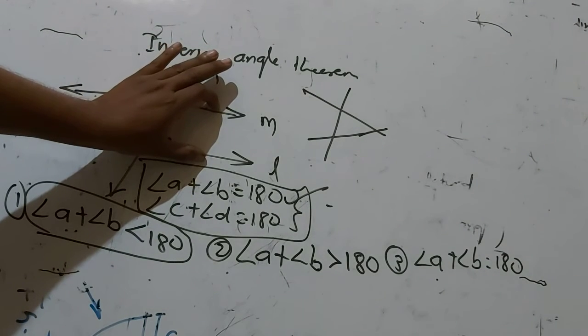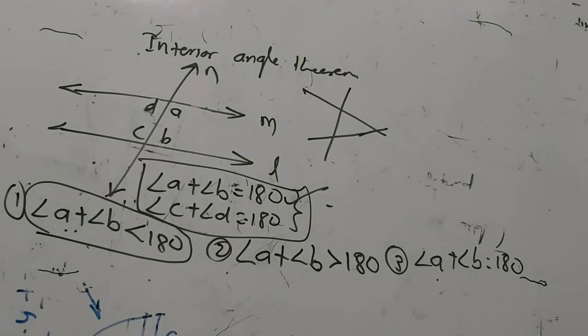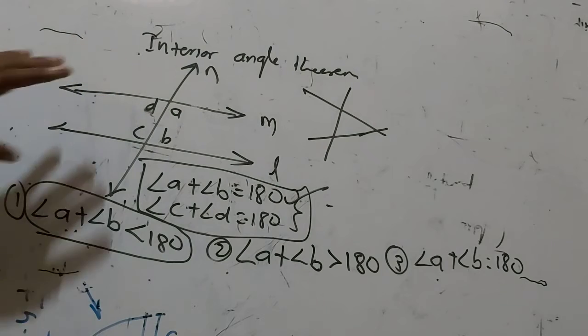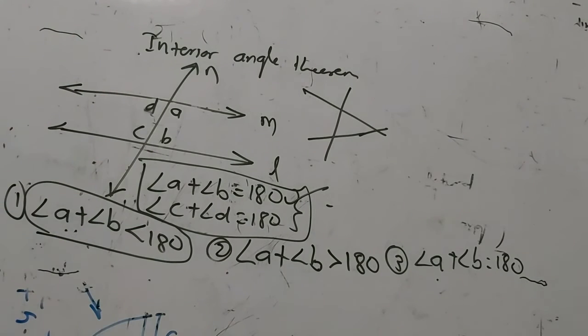But what is given in the question? That these two lines are parallel. So it is contradictory. One is telling yes and one is telling no. It is not possible that these two lines are intersecting and also parallel.